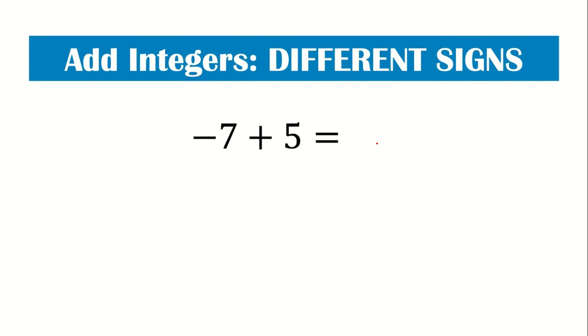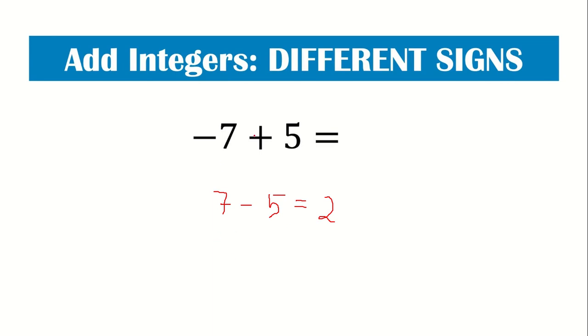Next, -7 plus 5. This is negative, this is positive. So we follow the rules in adding integers with different signs. We need to subtract the absolute value of each number. The absolute value of -7 is 7. Absolute value of 5 is 5. 7 minus 5 is equal to 2.